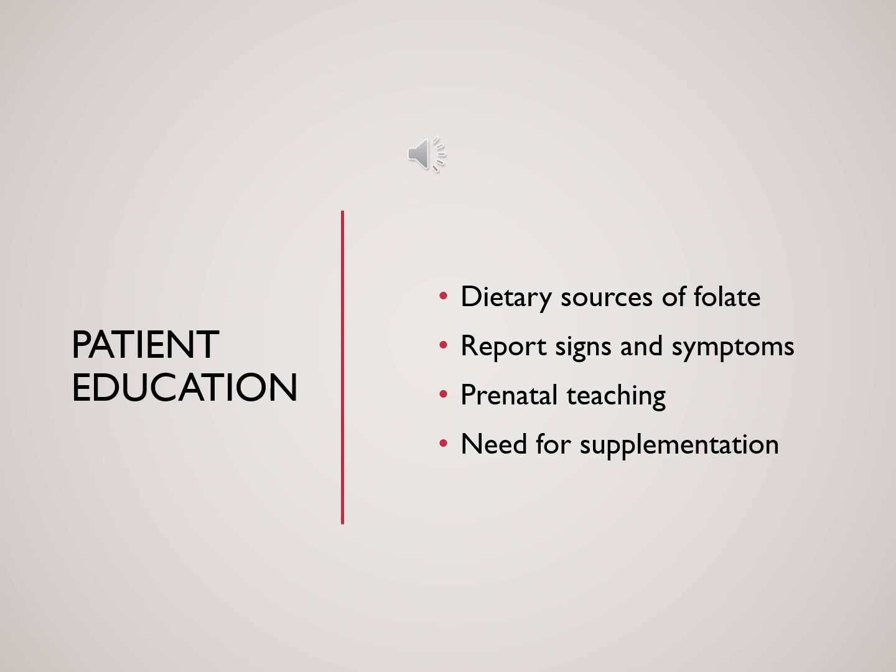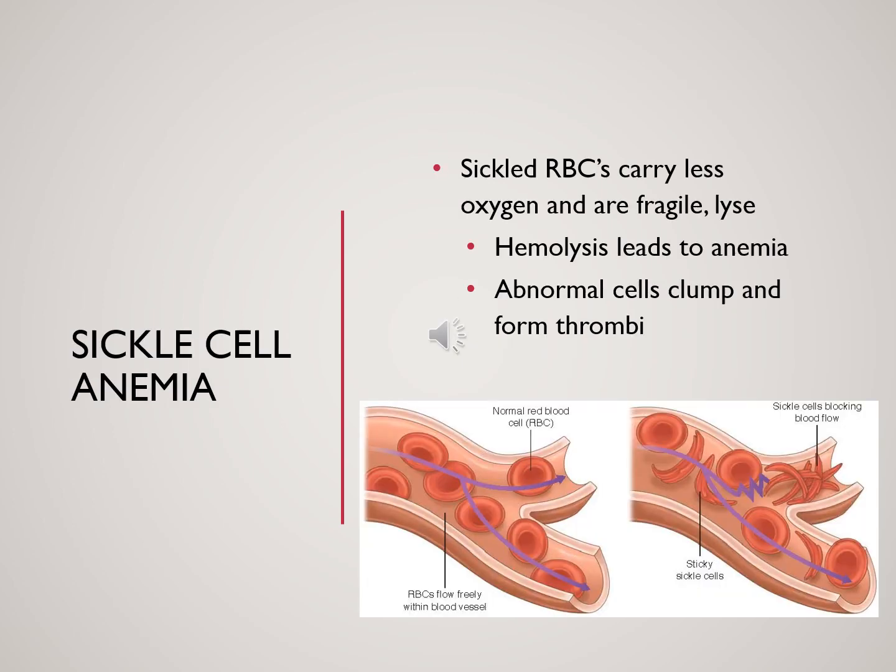So definitely let our patient know that they have that need for supplementation, and individuals at risk need to be educated on how to take their supplements, how they can add it into their diet, and how important it is to address this anemia. So next we're going to move on to sickle cell anemia.